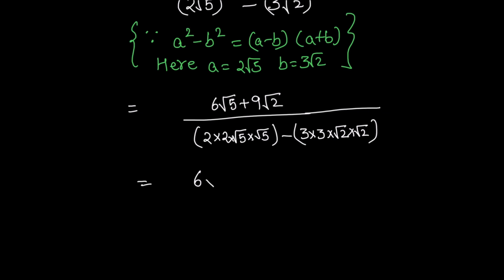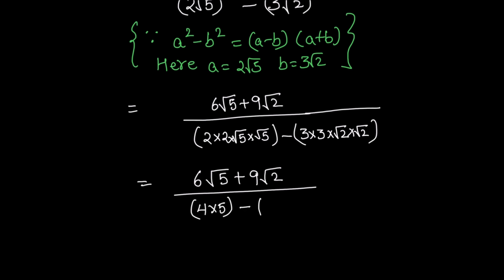So this is 6 root 5 plus 9 root 2 divided by 2 times 2 is 4, and root 5 times root 5 is 5. So that's 4 times 5 minus 3 times 3 is 9, times root 2 times root 2 is 2.